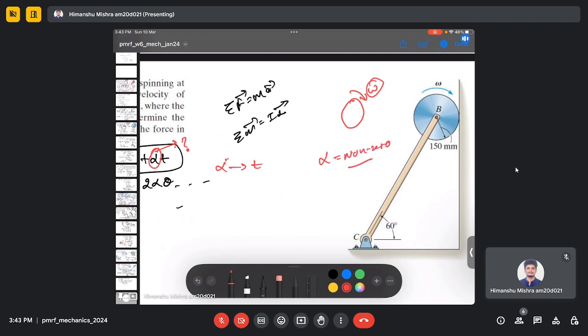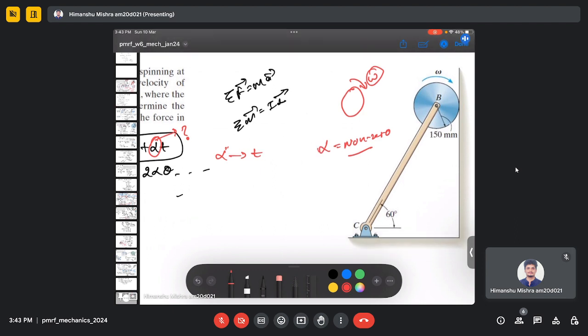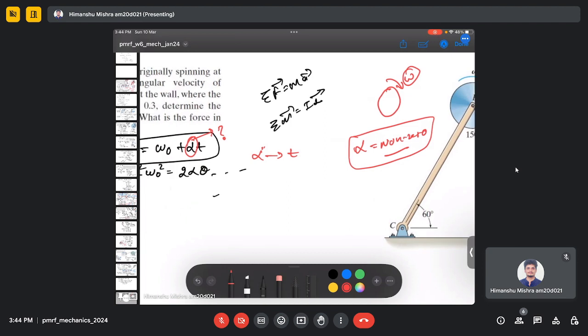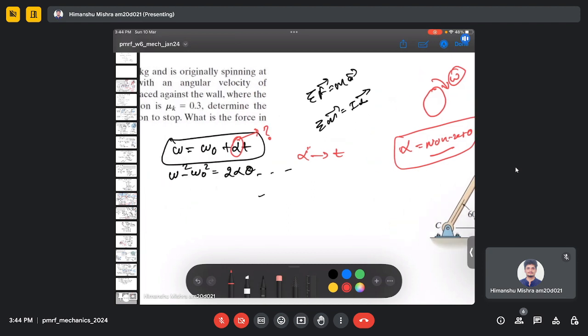And we need to find this angular acceleration because we need to find the time where it gets stopped, which means the initial angular velocity is omega, the final is 0. And there is a change from omega to 0, which means there is a non-zero angular acceleration. So from the kinematic equation, we can write the relation between angular velocity, angular acceleration and time.